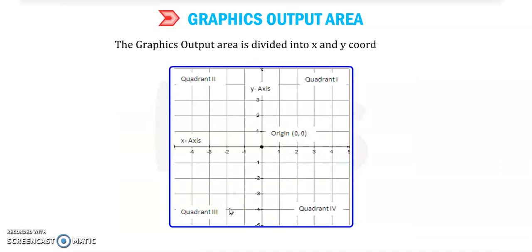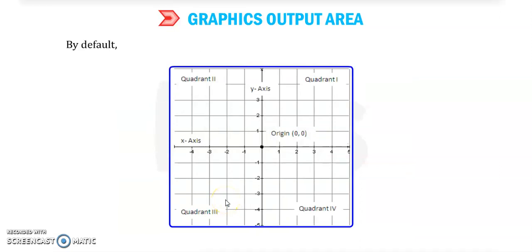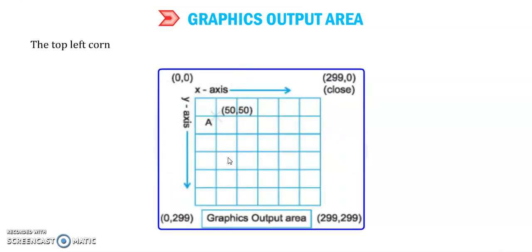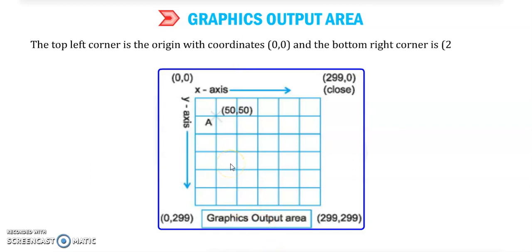The graphic output area is divided into X and Y coordinates. By default, the graphic output area is 300 pixels wide and 300 pixels high. X and Y. Okay, and the top left corner is the origin with coordinate 0, 0, and the bottom right corner is 299, 299. You can see here, this is the top left corner and this is the bottom left corner.